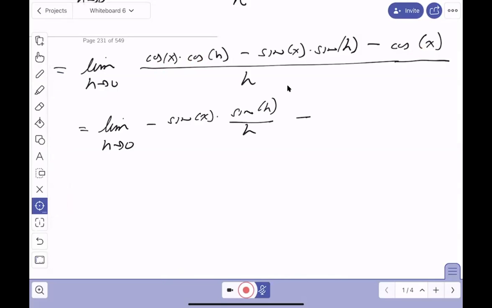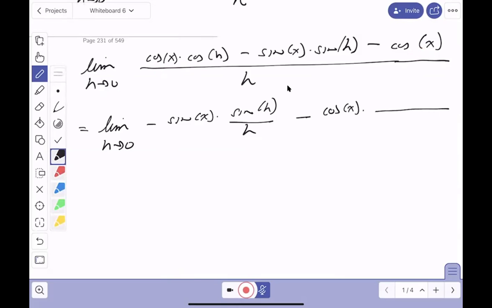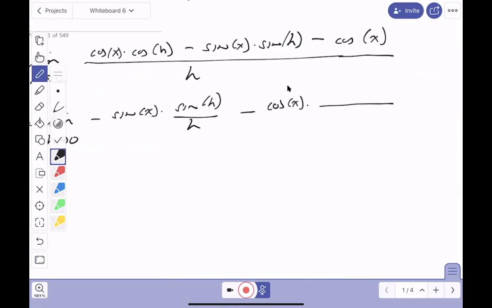So I put that down for you. I guess I could factor out cosine x. Let's be careful. What would you get over there? You would get 1 minus cosine h over h.